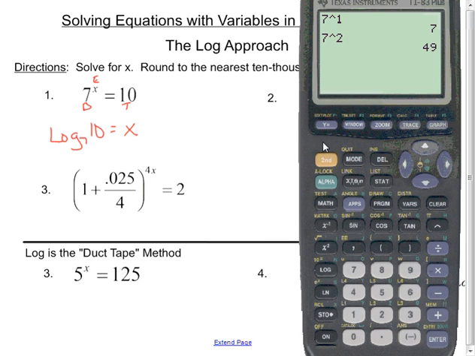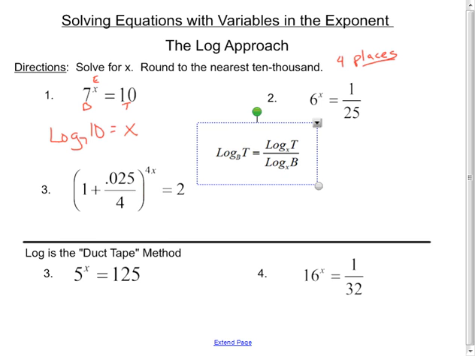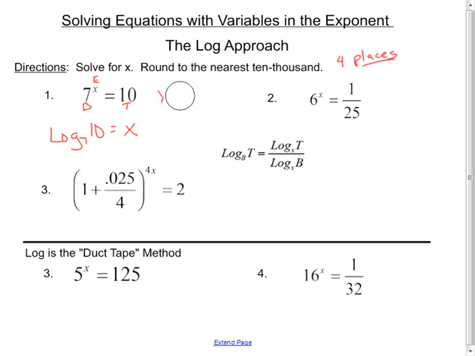So from here now, we're going to look at the change of base formula, which you probably should have seen, which just says that I'm going to be able to go to my calculator and use base 10 by doing x is equal to log of 10 over log of 7.